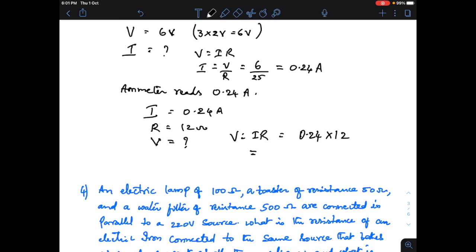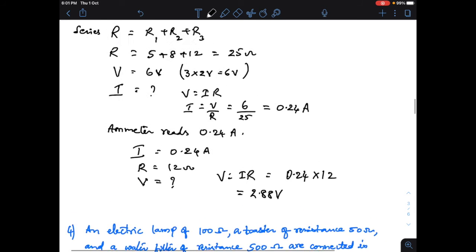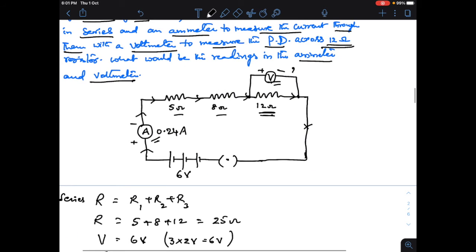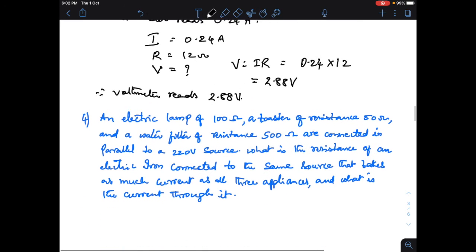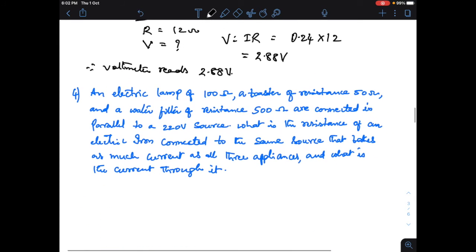So that will be equal to 2.88 volts. So the voltmeter reading here will be 2.88 volts. So the voltmeter therefore reads 2.88 volts.